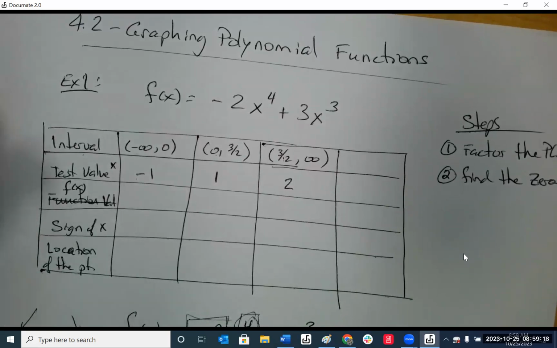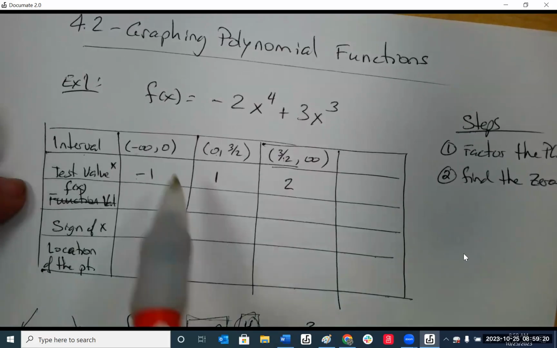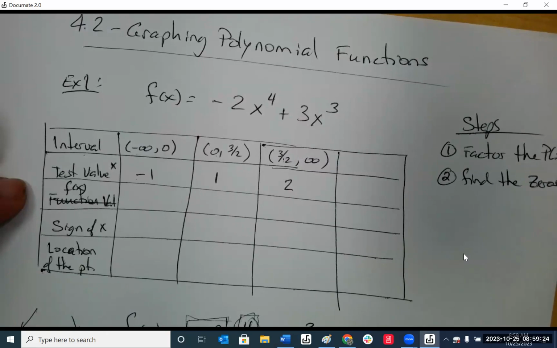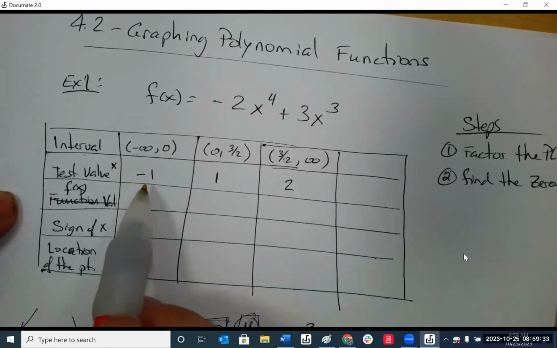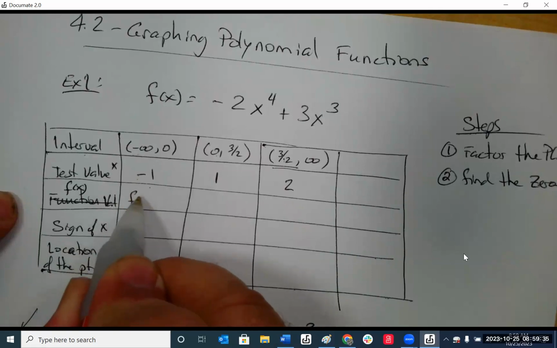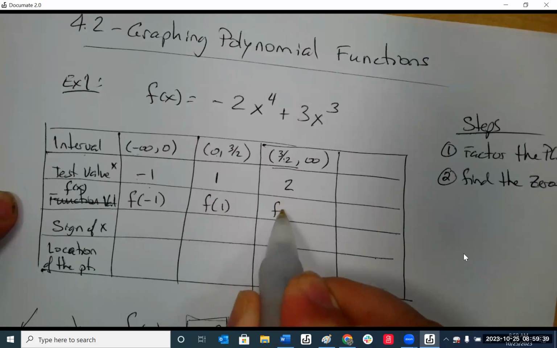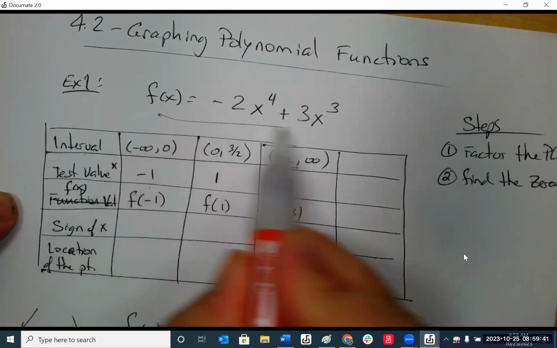Because all this table is going to do is tell you in this interval, in this interval, and this interval, is the graph above or below the x-axis? So what we do now is take these values and put them in the original equation, in this one.